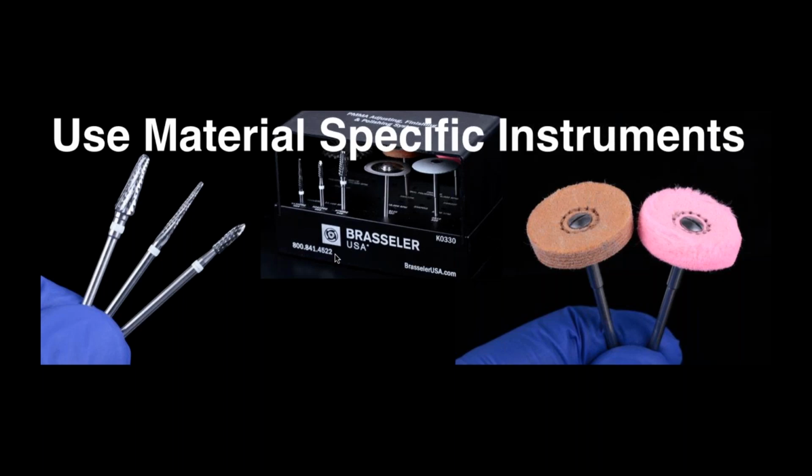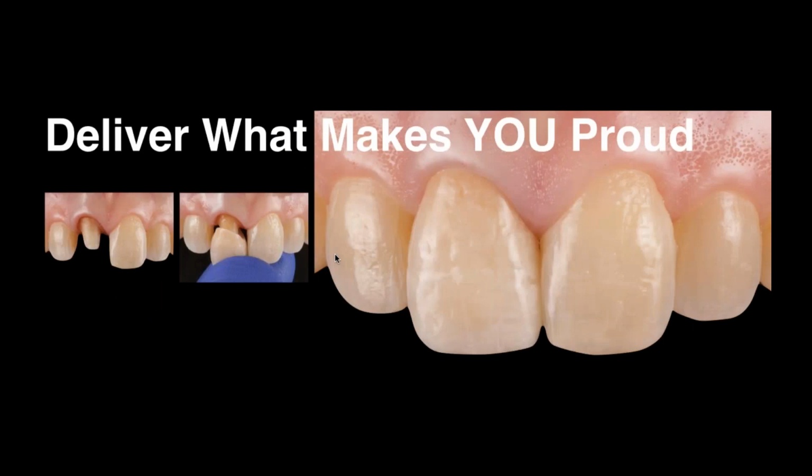Many times we see patients coming with fractured restorations, and we really don't know the exact reason, but when we ask, the patient says, yeah, the restoration was high, they were removing material, and we don't know exactly what grade of diamond they were using, if they were using water or not, if they polished that surface after making the modification. So we need to follow the guidelines of each material, but also have the specific instruments not to harm or affect negatively that material or that restoration.